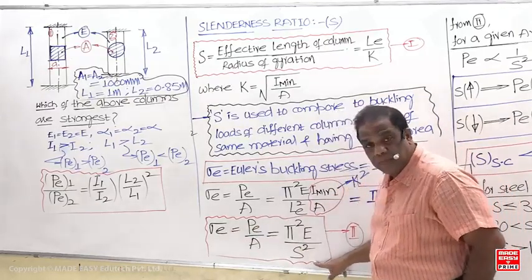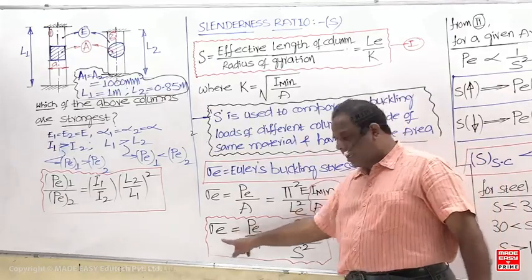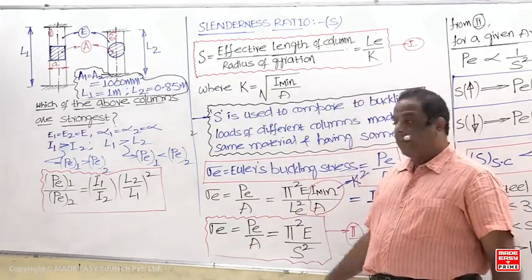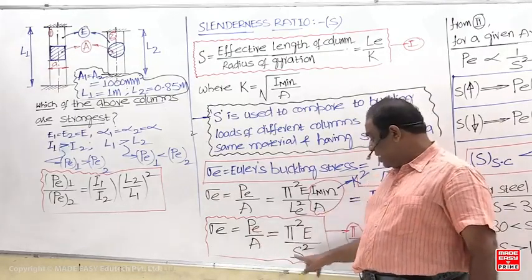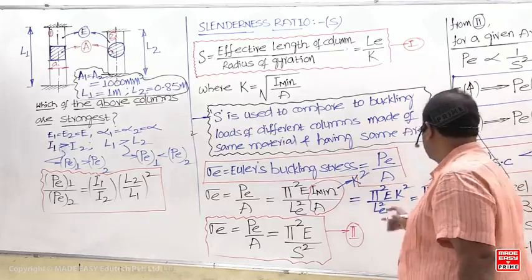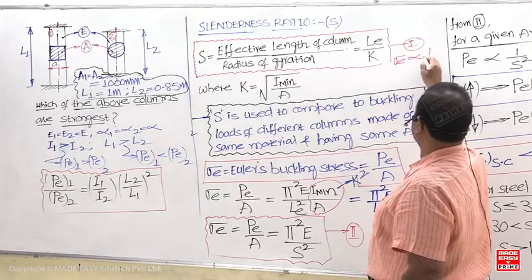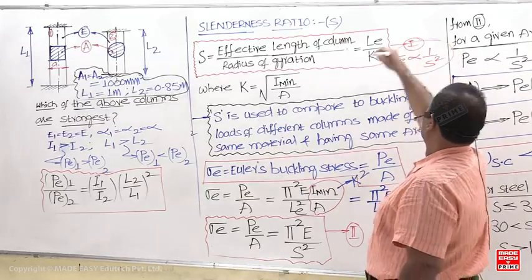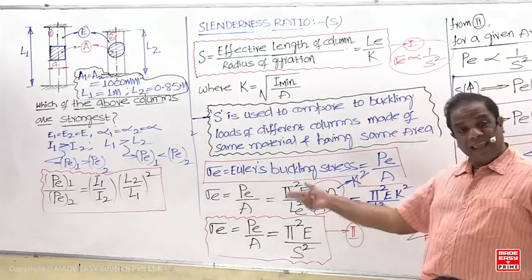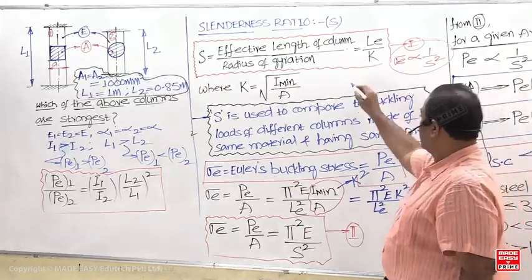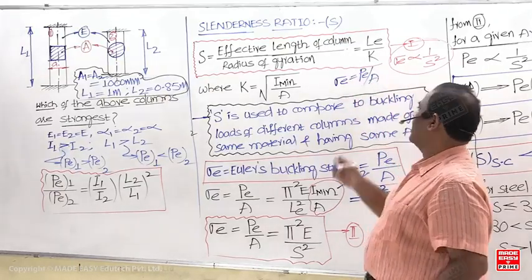Buckling stress is inversely proportional to S square when E is same, that is, same material.